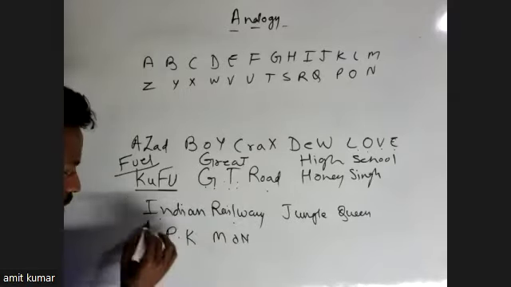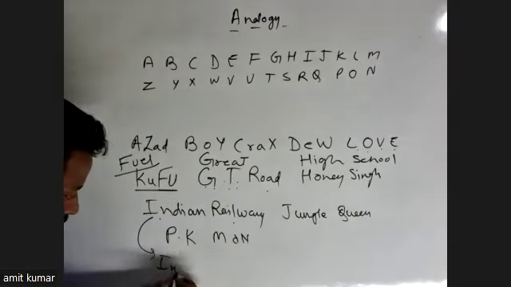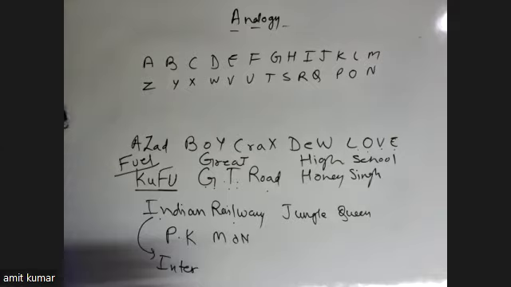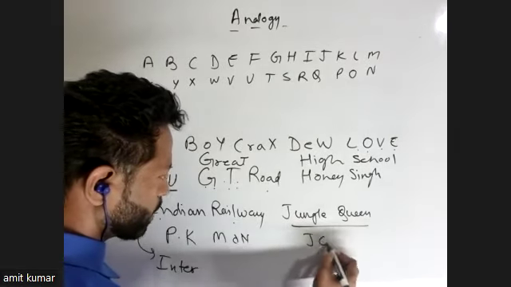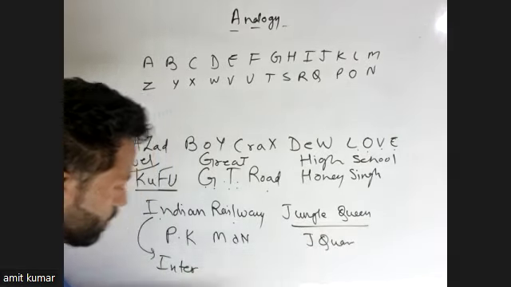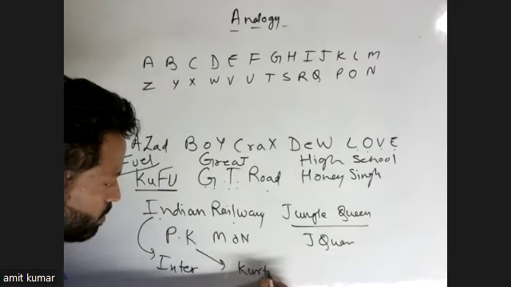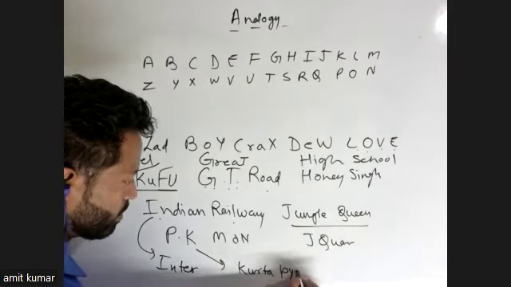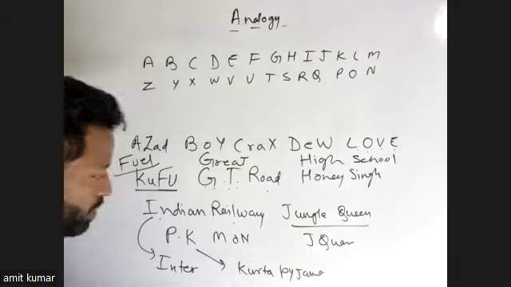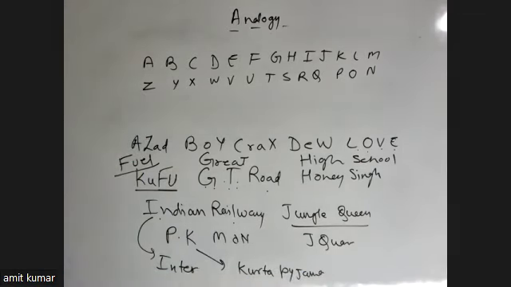Indian Railway could be Inter. And Jungle Queen could be Jaguar. And PK could be Kurta Pajama. And the story, you can make your own. That's how we can remember the opposite alphabets. Just note it down.